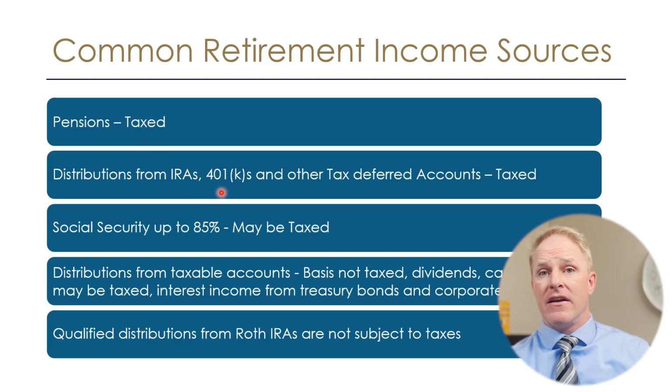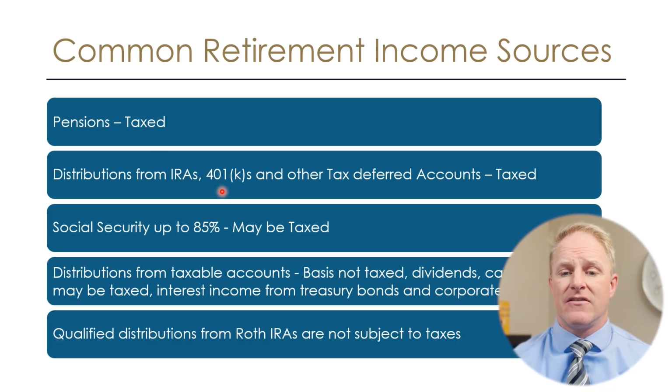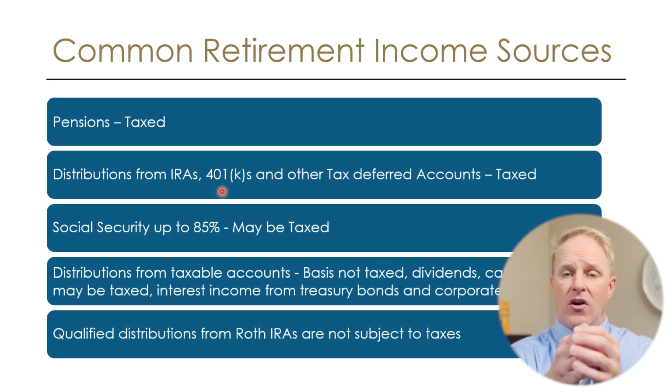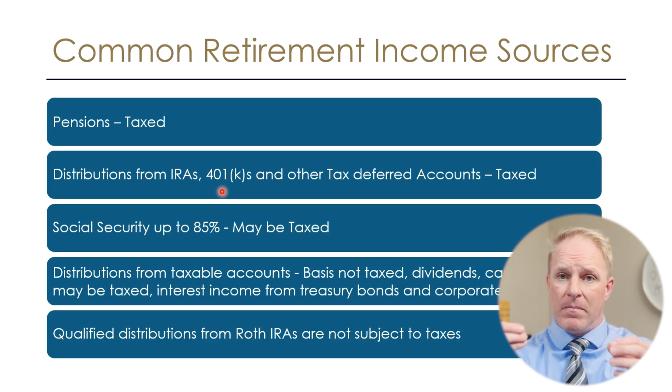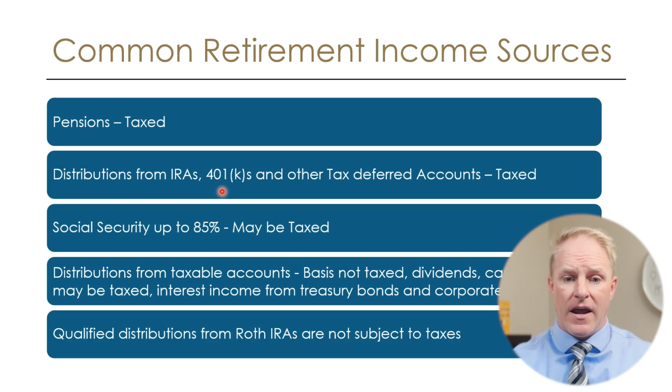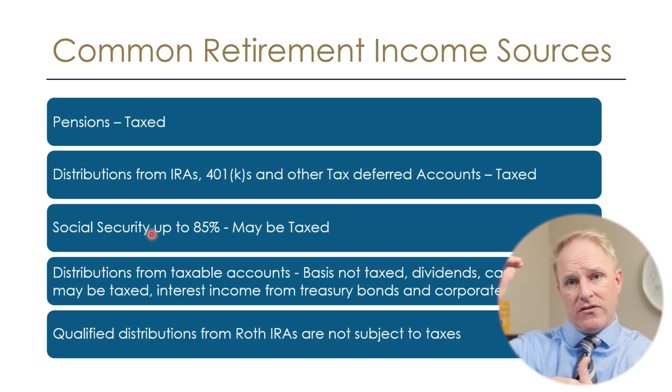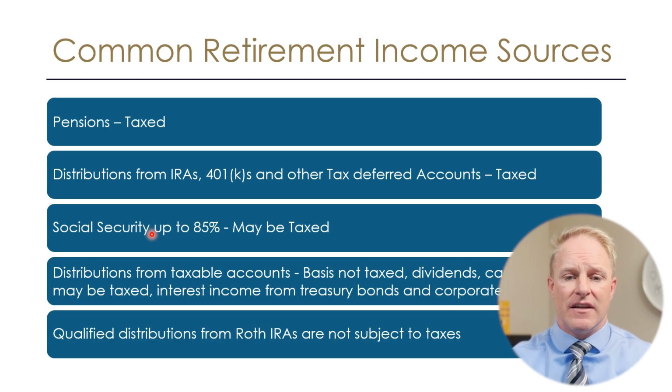Distributions from IRAs, 401ks, and other tax-deferred accounts are also taxed as you withdraw income from those investments in retirement. Up to 85% of Social Security can be subject to taxation, and that depends on the level of income. But if you have a moderate to high income, chances are a good portion of your Social Security is going to be subject to income tax.